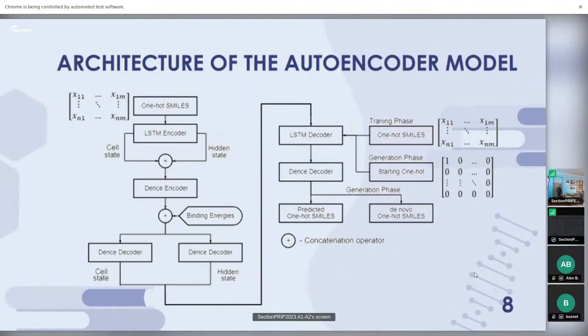So three different activation functions, but some LSTM layers and dense layers have the same functions. Okay, thank you very much.